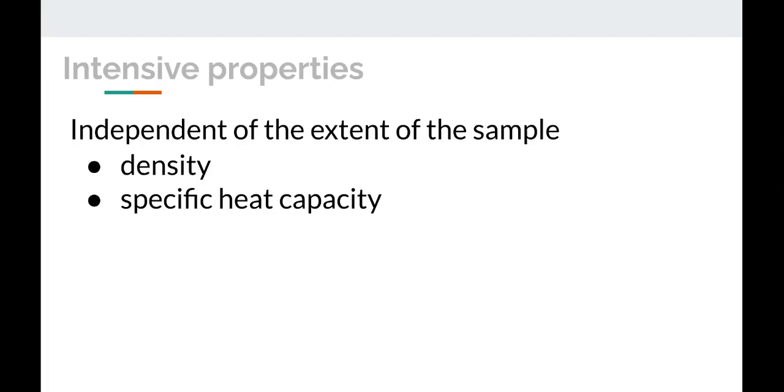It's a ratio that does not depend on the extent of the sample. Temperature is another one. Going back to the forest fire versus match, the forest fire and the match will have the same temperature if they're the same substances burning, no matter the extent of the total amount of energy released through heating, which is extensive. So temperature is an intensive property.